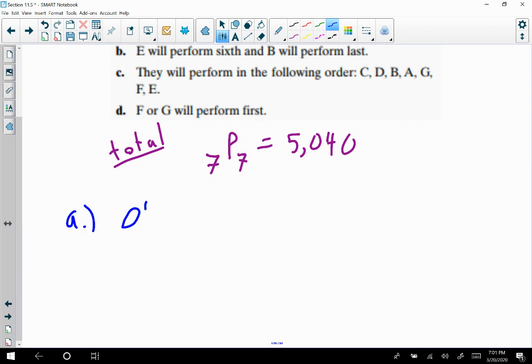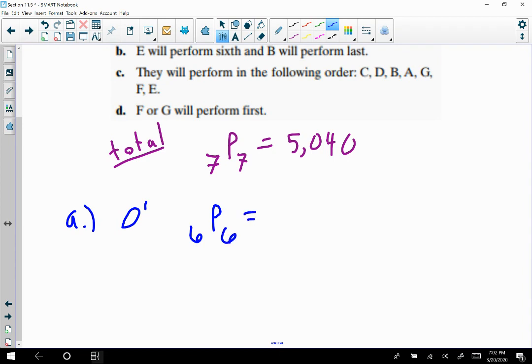You are solidifying that first position, and then everything after that falls out for each one of those acts. Once you choose an act, you don't go back and choose it again. So if we're already solidifying only one position, then all that we have left is 6 acts. So this event of D going first is 6P6.